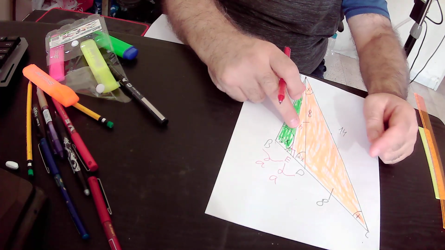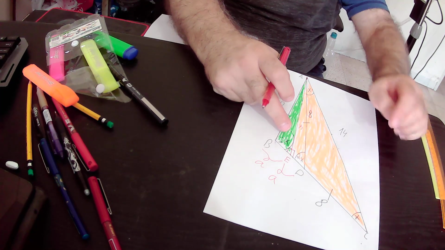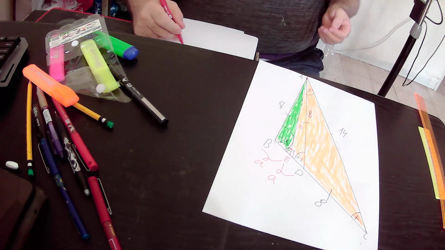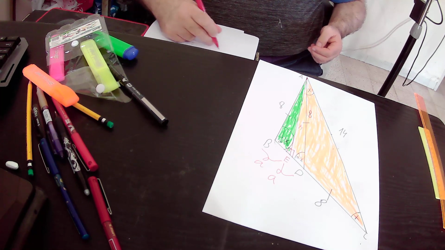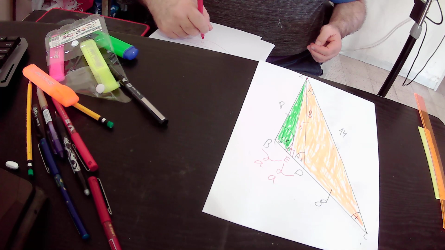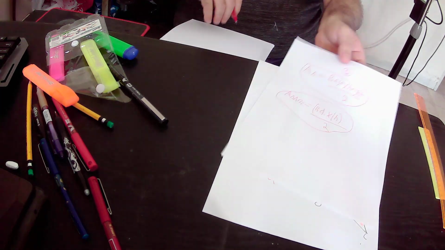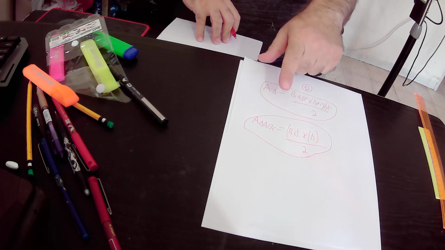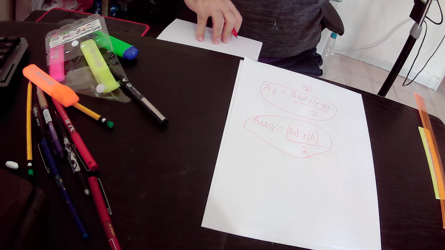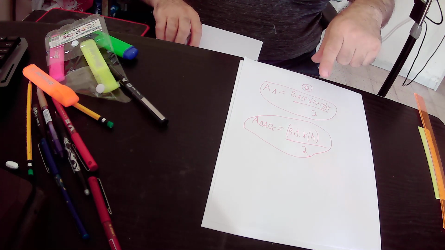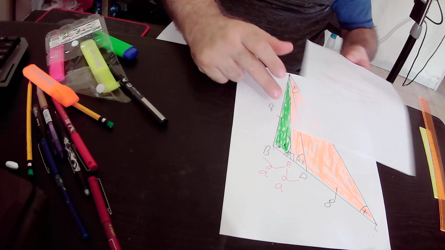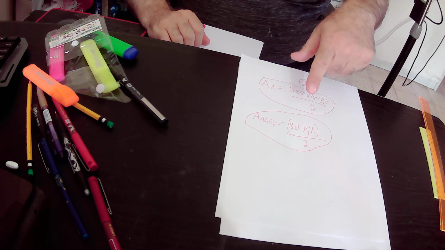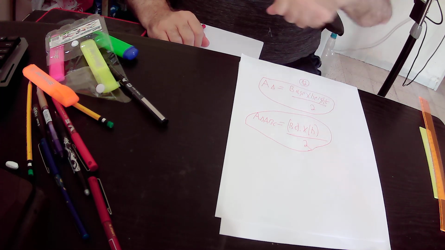Okay, so it is BC times the height that is h over 2.